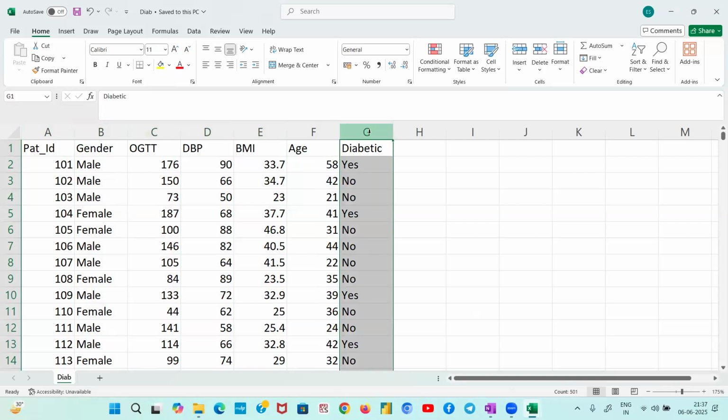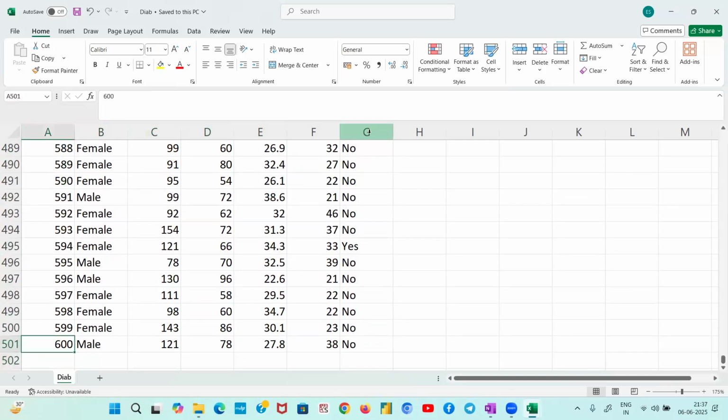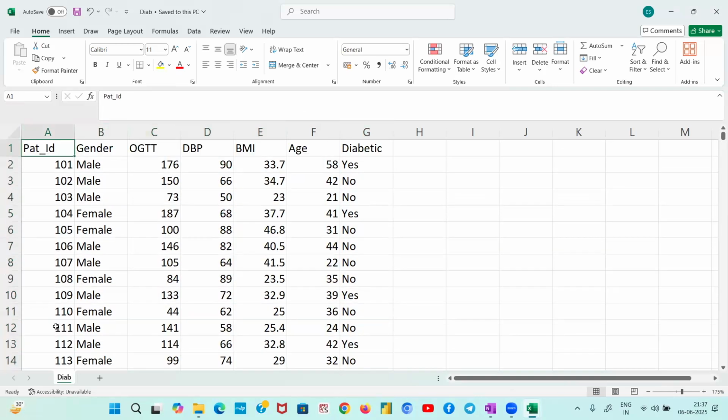Now it's about one week of data. If you see at the end, there is information of some 500 patients, totally 500 people. My management comes and asks me, you have the patients' data of one week, can you calculate and tell me the average age of patients visiting the hospital?